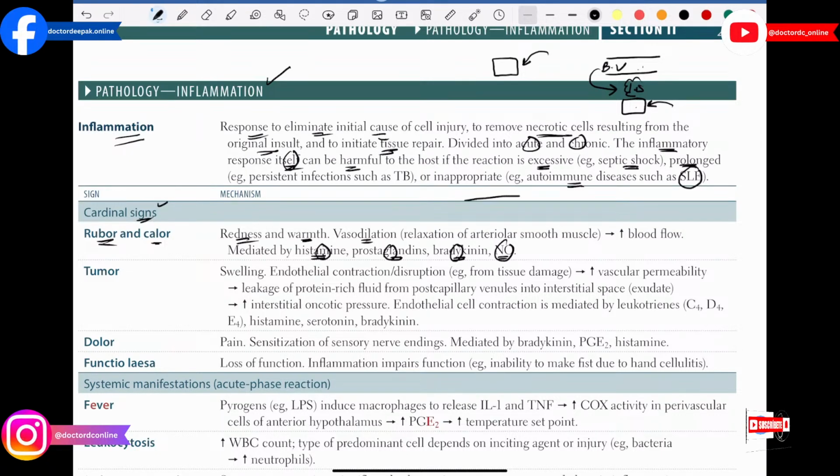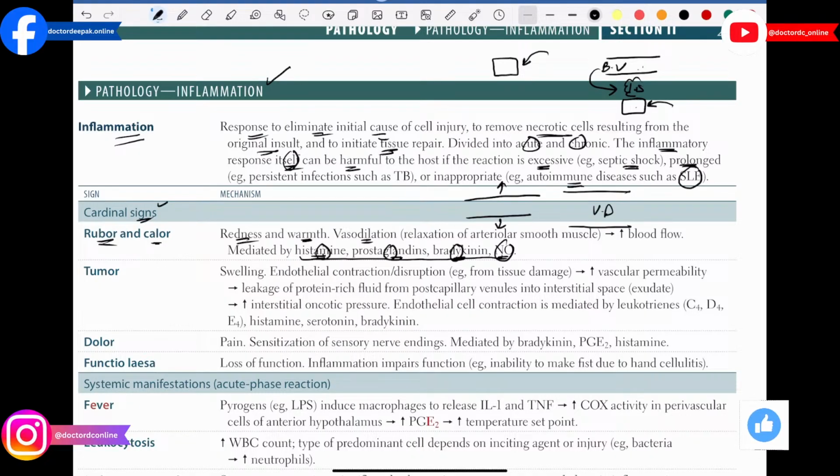So let's suppose this is the blood vessel, and after the inflammation, when these chemical mediators are produced, they will lead to dilatation of the blood vessel. So this blood vessel will become dilated. It is called vasodilation. So how does that vasodilation occur? Basically, these inflammatory cytokines will go to the blood vessel.